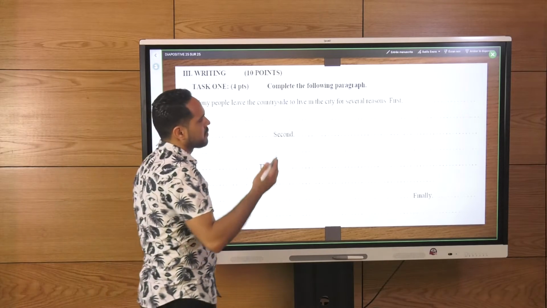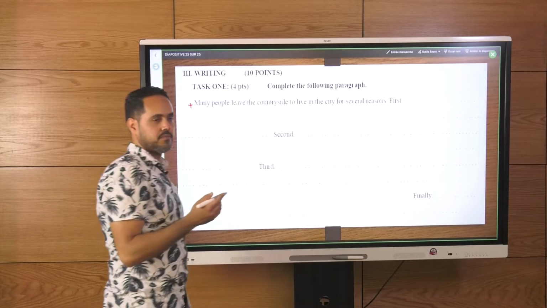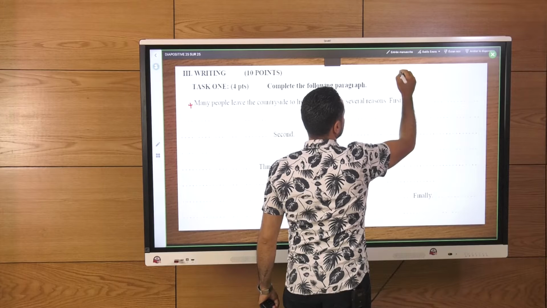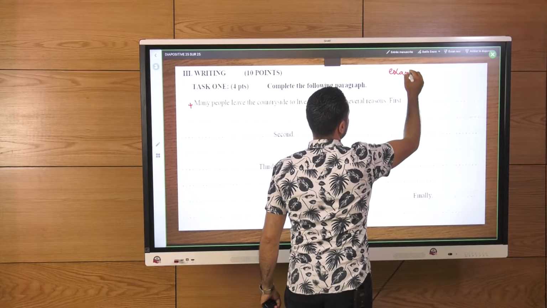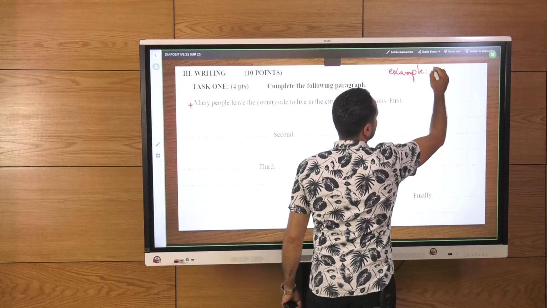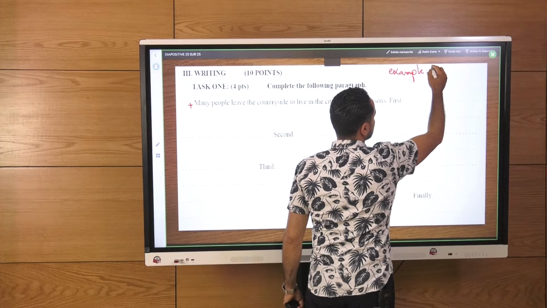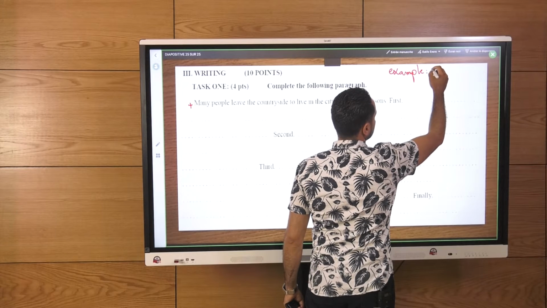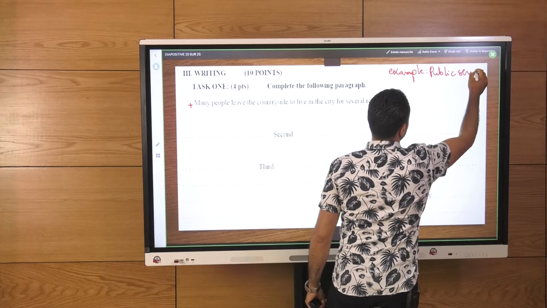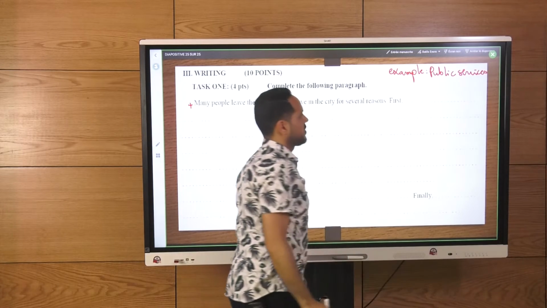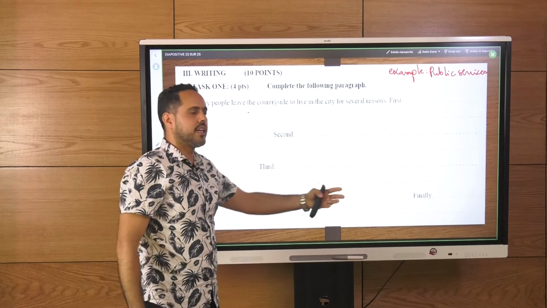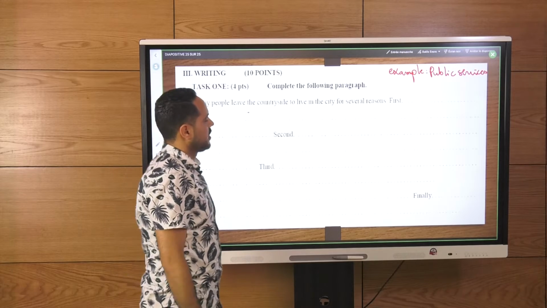Okay, let's think about exemplification. So, exemplification means we should give an example. Examples, it's like, for example, public services. Public services, it's one of the ideas why people leave the countryside and move to the city.